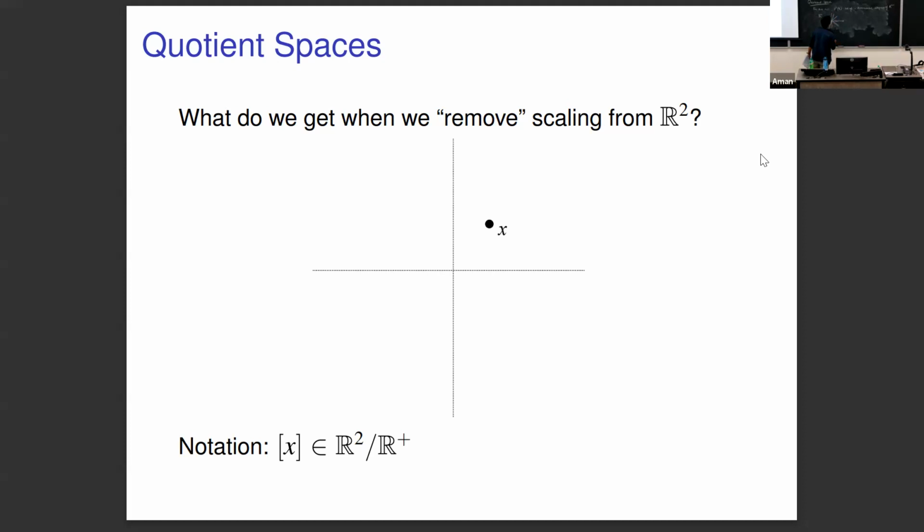So now that we have the set, every space needs to have a set and a topology over it, right? So we have a set. Now what we want is a quotient topology on it.